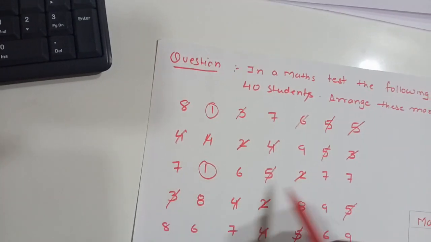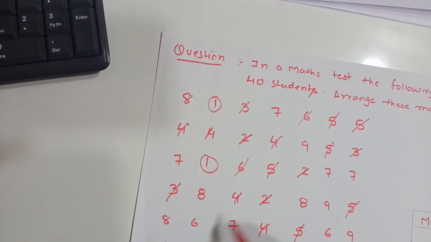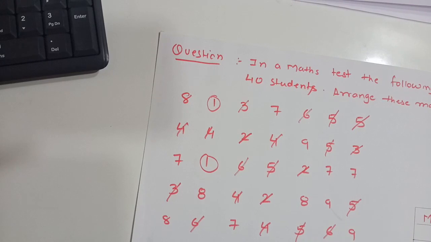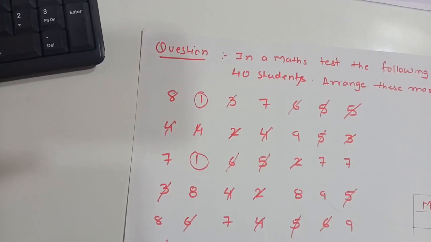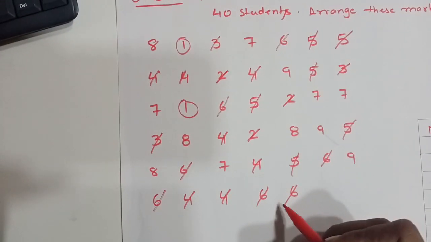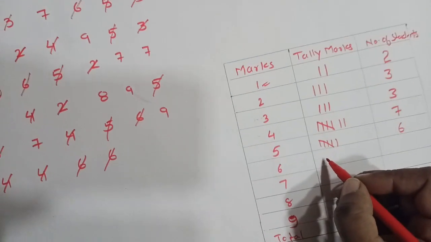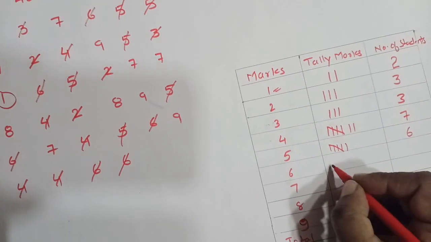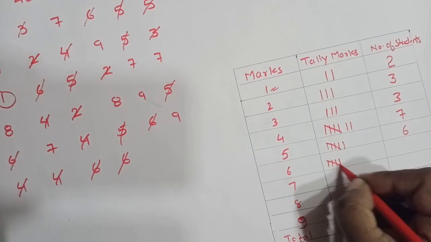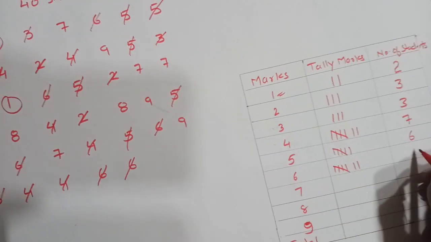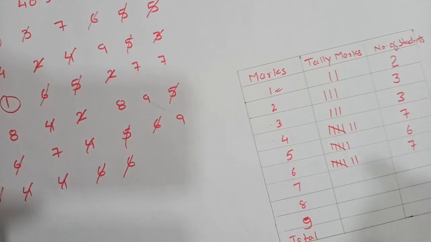So that is 1, 2, 3, 4, 5, 6, 7. So we see there are 7 students who have obtained 6 marks. So we'll write 1, 2, 3, 4, 5, 6, 7, and I'll represent the number 7 over here.